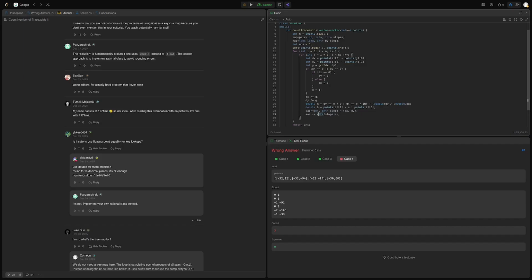So instead of this, we do slopes and then ans minus equals by slope.